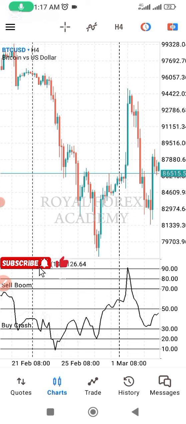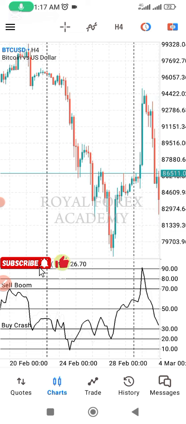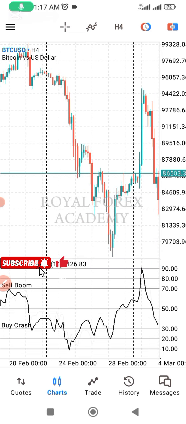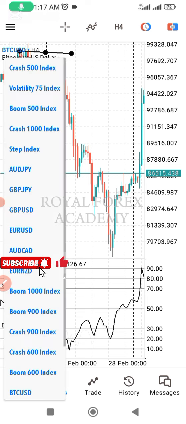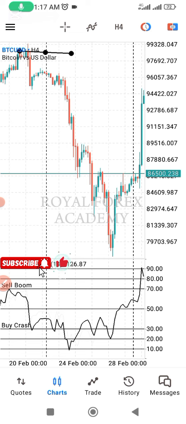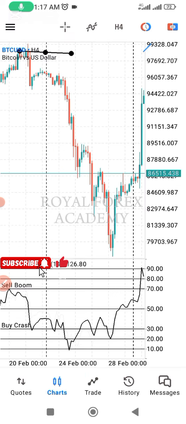Now, for us to determine this, if you look at this price scenario over time, price has been selling to the downside. So we have our high here, and price keeps moving from that zone. After that particular zone, we have this low.